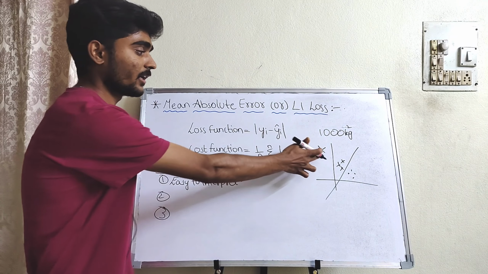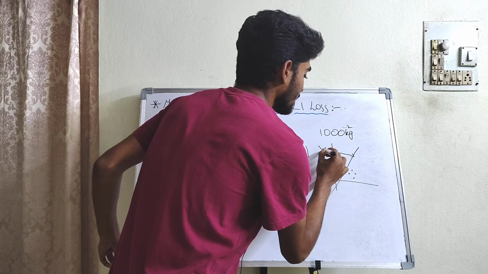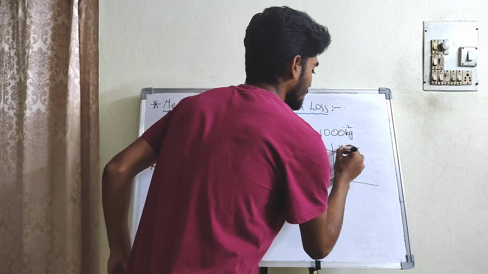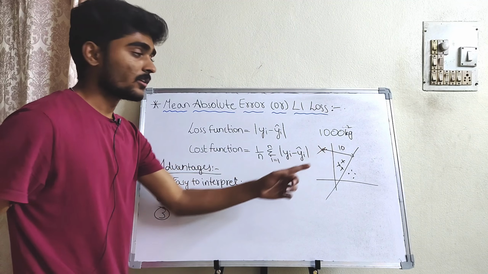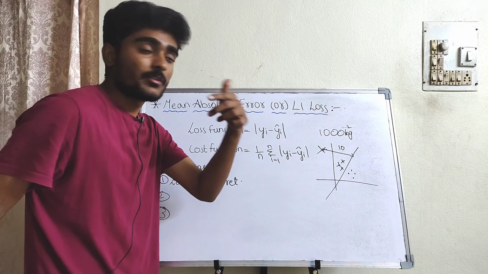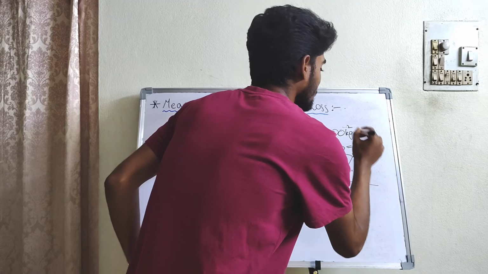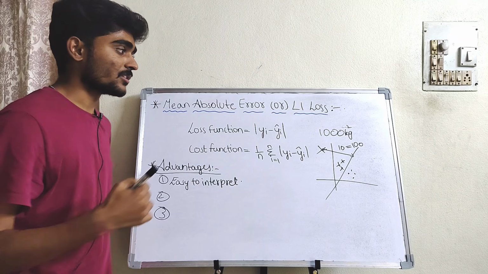When the loss is calculated for this outlier, let's say it is 10. But in MSE loss we square that loss, which tends to be 100.